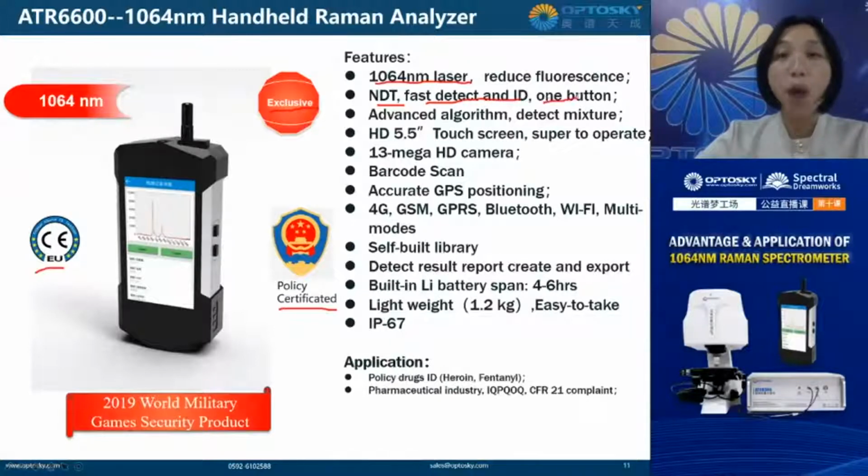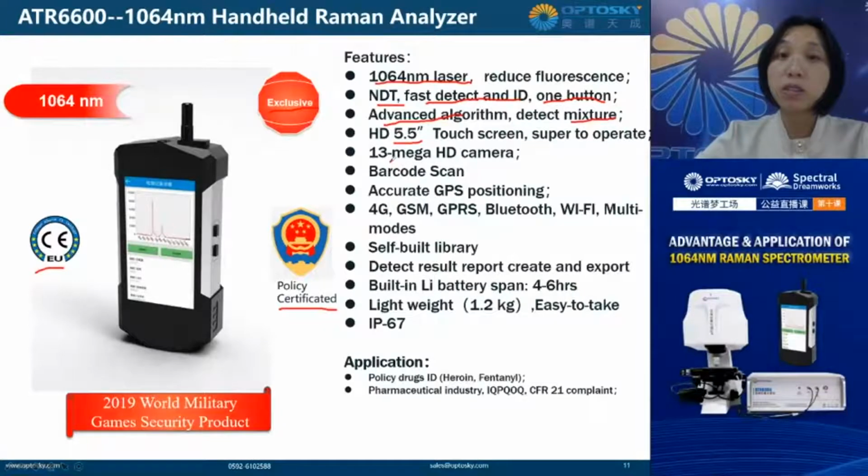It just needs one-button operation and uses an advanced algorithm to detect. It can detect mixtures, and it can not only detect the mixture but also show the percentages. Also we have a high definition 5.5 inch touch screen, and it's super easy to operate.